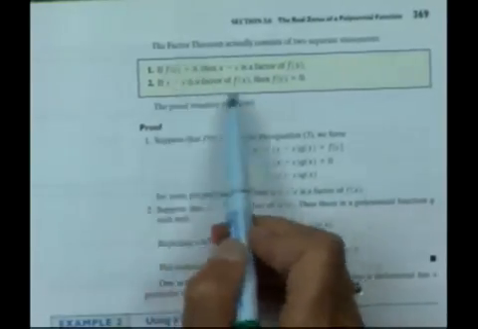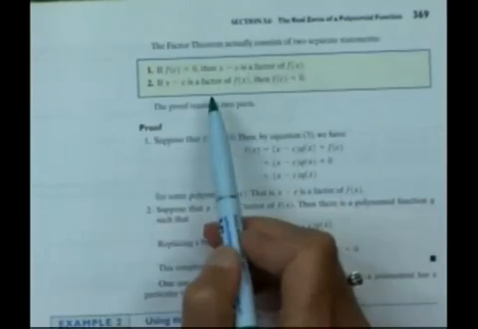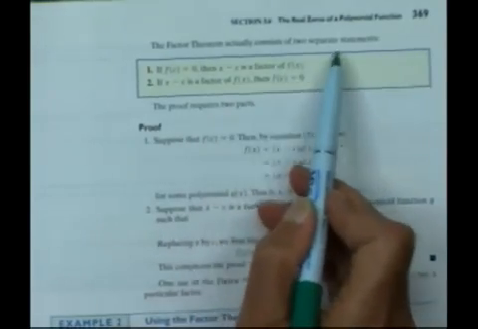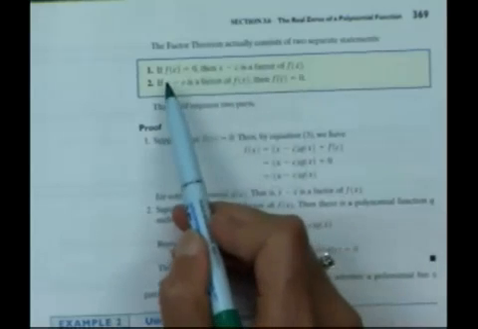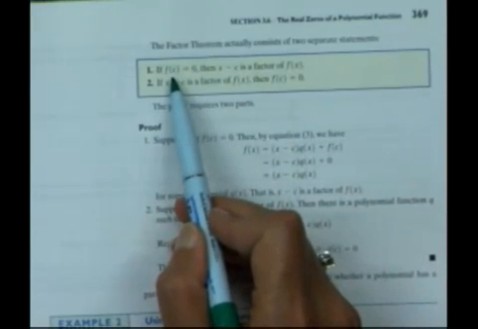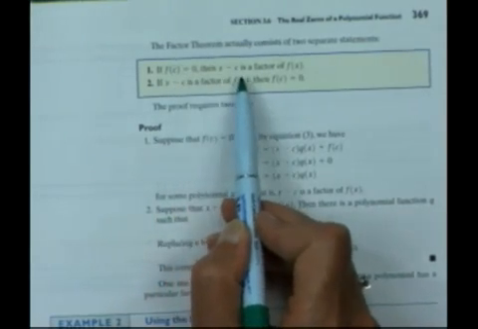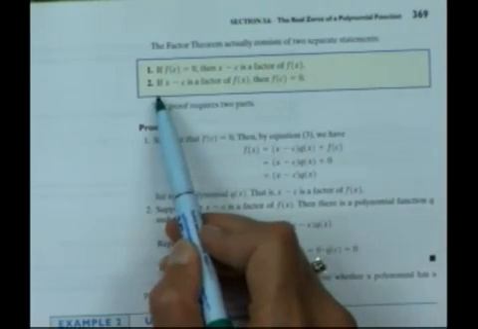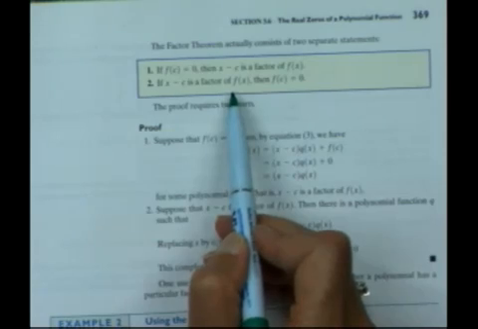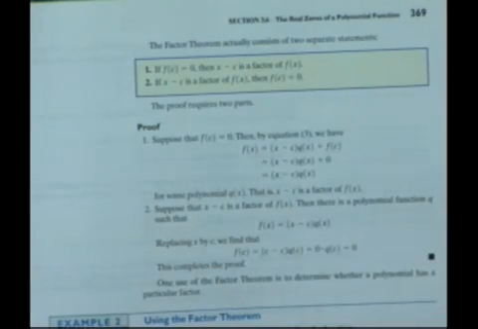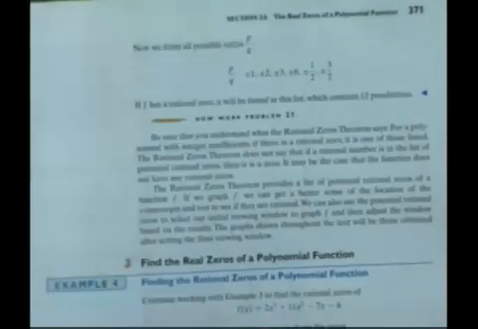All right, got it? X minus c. All right, and then at the top of page 369, they sort of break it down into two parts. The factor theorem really consists of these two separate statements. If you know f at c is 0, then x minus c is a factor. Or, if you know x minus c is a factor, then f of c is 0. So they break it up and make it a little clearer at the top of page 369.